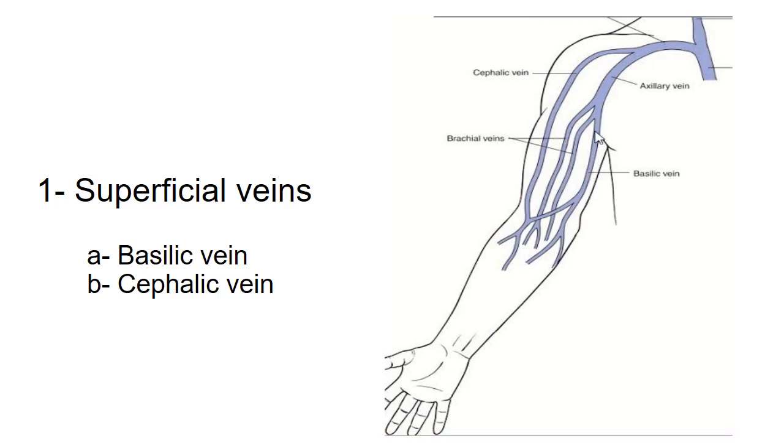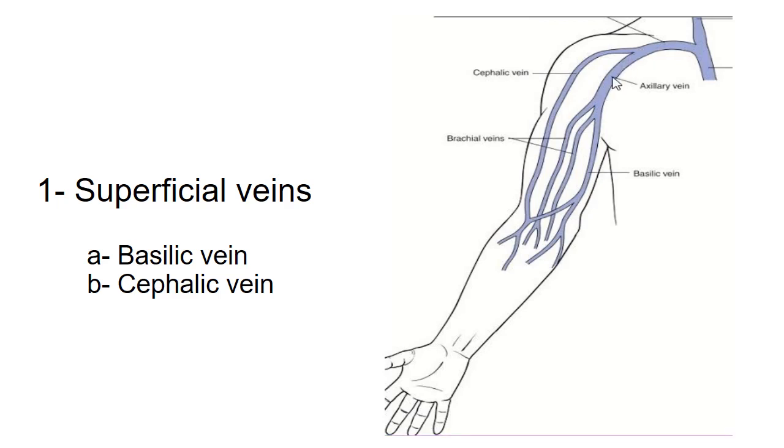This basilic vein joins the brachial veins. These two are the brachial veins which accompany the brachial artery in the arm. This basilic vein joins the brachial vein at the lower border of teres major muscle and becomes the axillary vein.